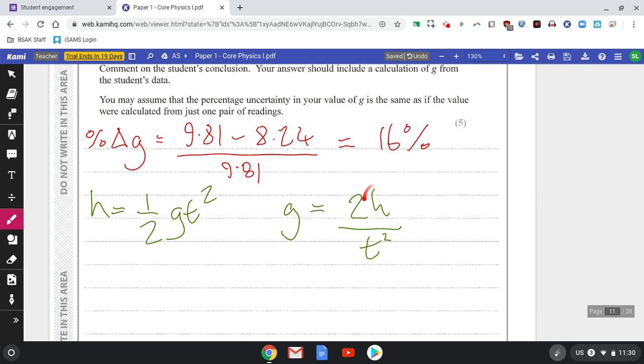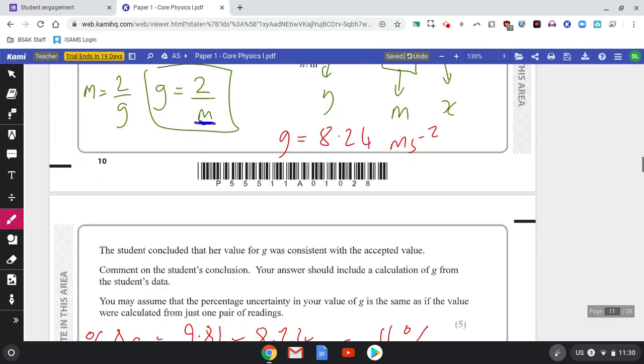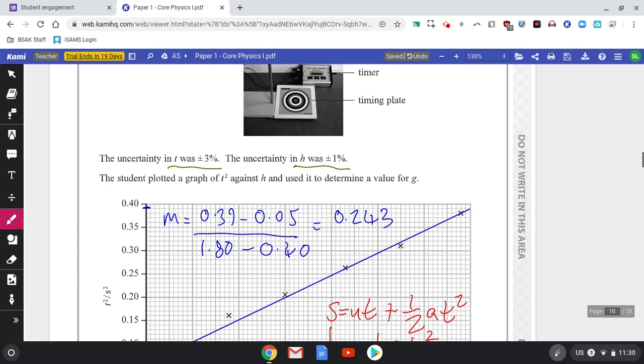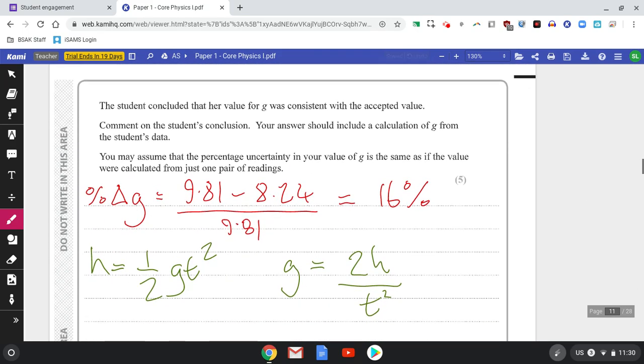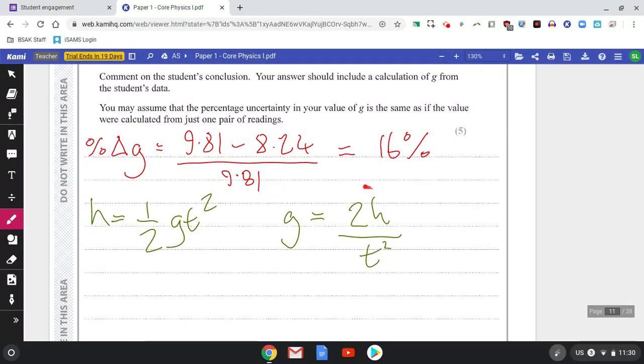We know the percentage uncertainty of this, we know the percentage uncertainty of this. So we need a compound uncertainty. The percentage uncertainty in h is 1%. Now, the percentage uncertainty in 2h is still 1% because it's percentage uncertainty. We don't double it because it's percentage.